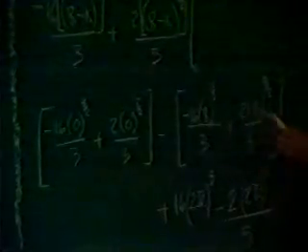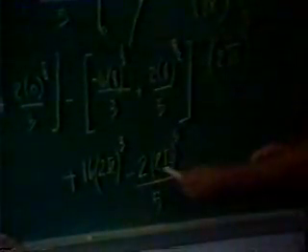Now, if you wanted another name for this, I have 8 to the 3/2. This is 8 to the 1/2 cubed. That's the square root of 8 cubed. That's 2 times the square root of 2 quantity cubed.